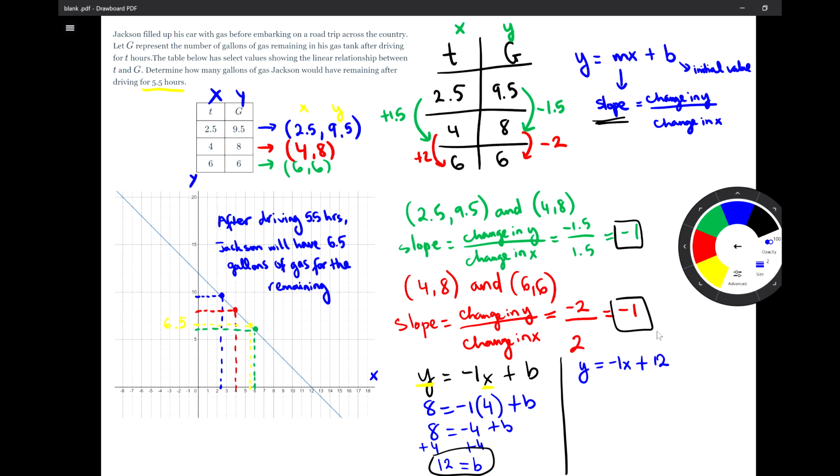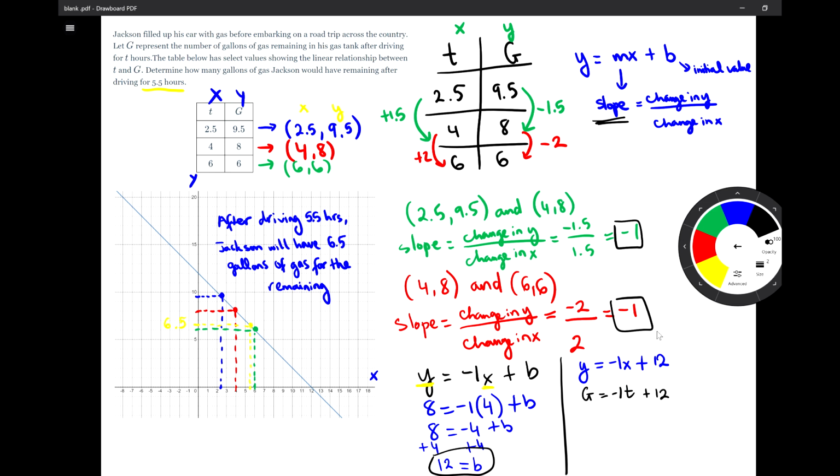Okay, and then I go back to the table, and I notice that I'm not using x and y right now. x and y are just the parent graph or the original variables we use. However, for this situation, we should understand x as t and y as g. So now my y becomes g, equals -1, and my x becomes t, and then plus 12.